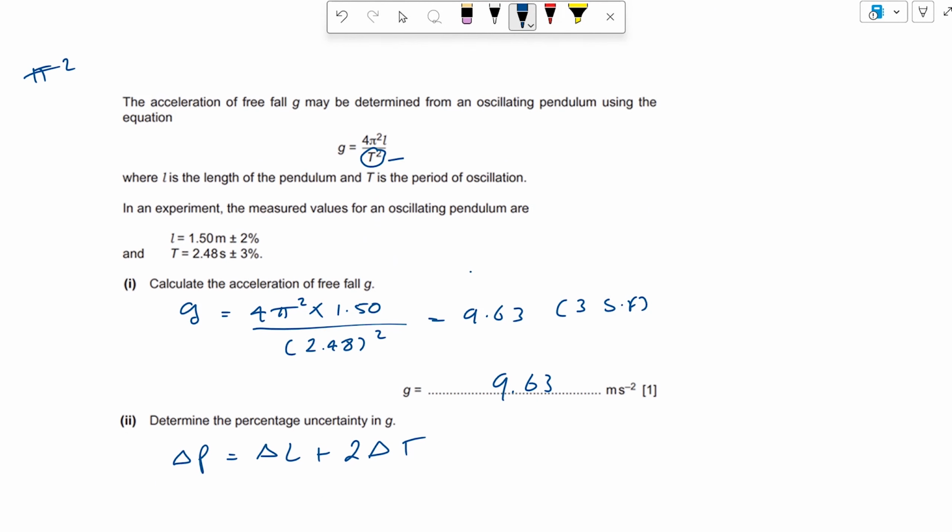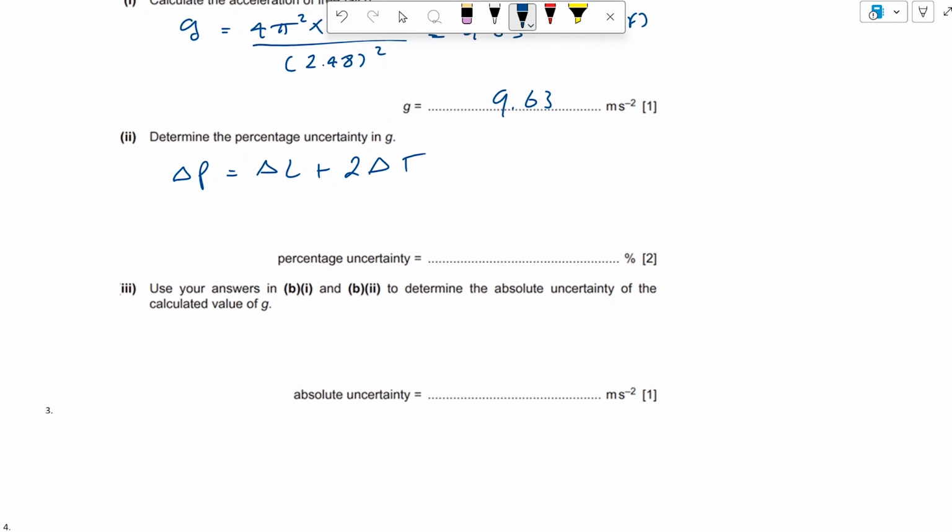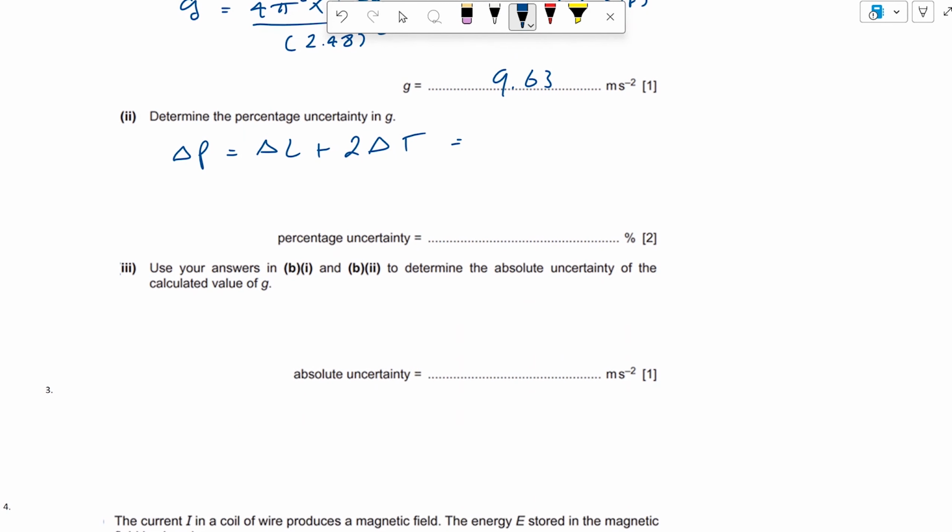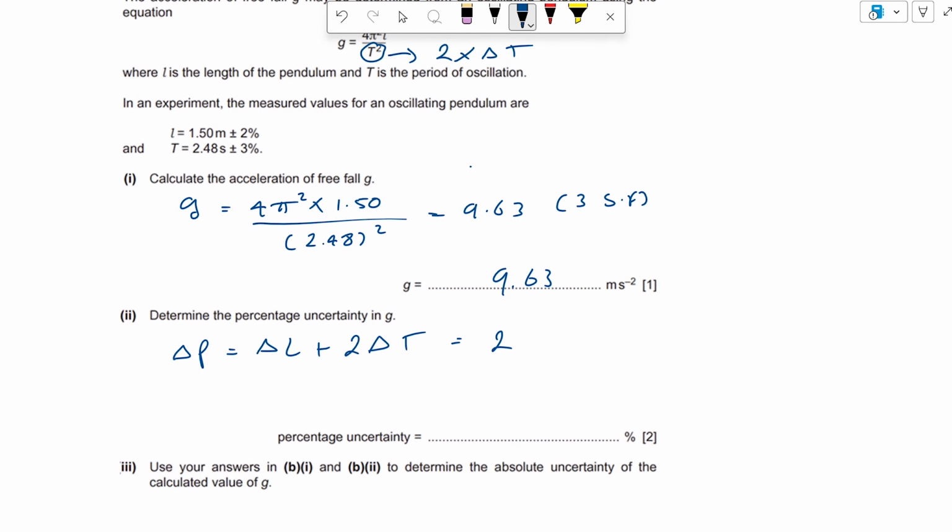So we need to multiply by the exponent, so 2 multiplied by delta T. Okay. That gives us 2 plus 2 multiplied by 3, which is 8. Our percentage uncertainty is 8.